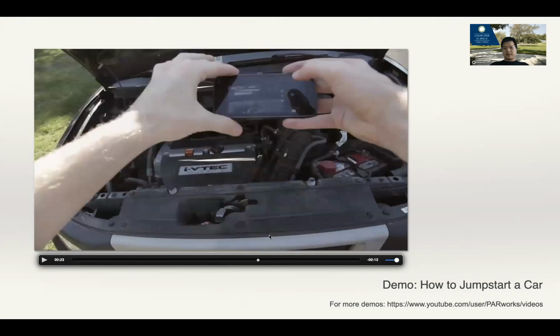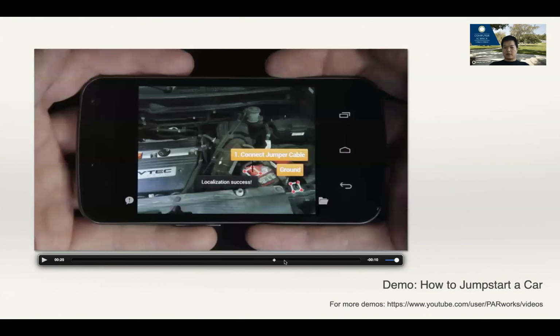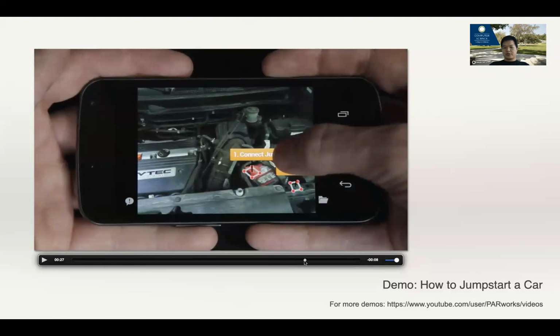So what this technology can provide you is to take a picture of this real car, real engine, and we can recognize some of these ports, positive, ground, and then how you do it step by step. You can click on some of these overlays to show you some of the content on top of it.